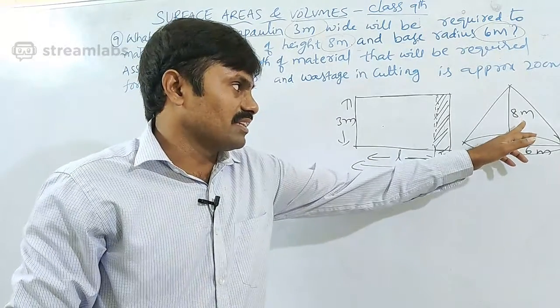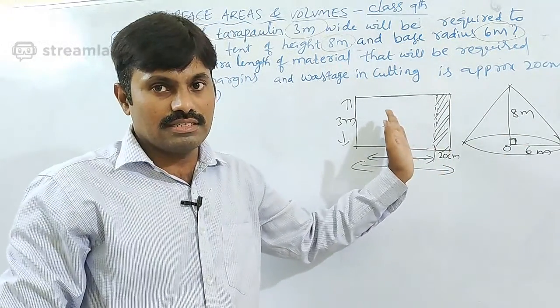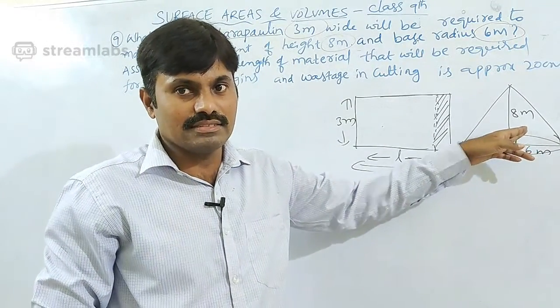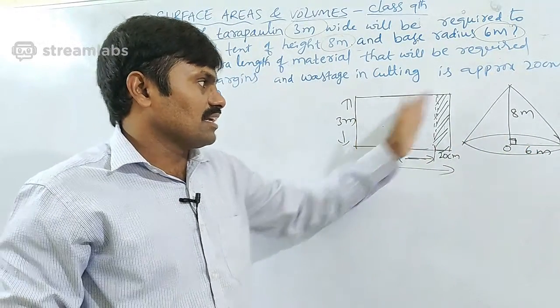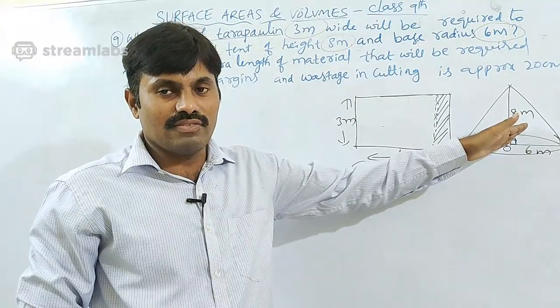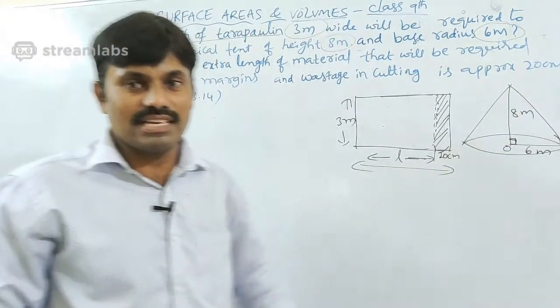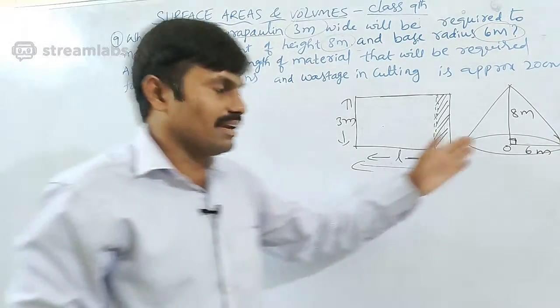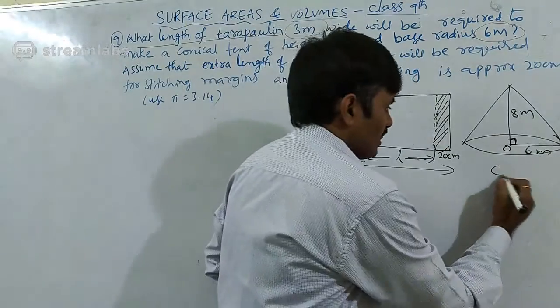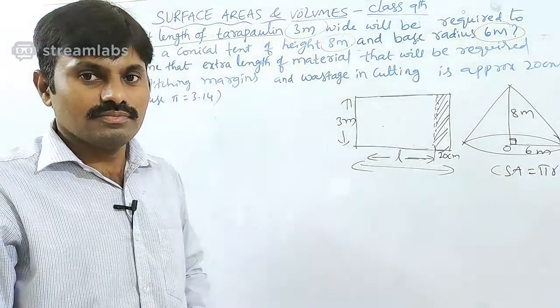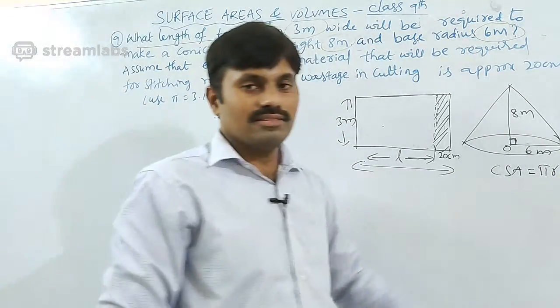If I fold it, it becomes the curved surface area of the tent. So this area is nothing but the curved surface area of the conical tent. What is the formula for the curved surface area of a conical tent? Pi RL. We know that CSA of a conical tent is pi RL. Do you know the L value? Don't know.